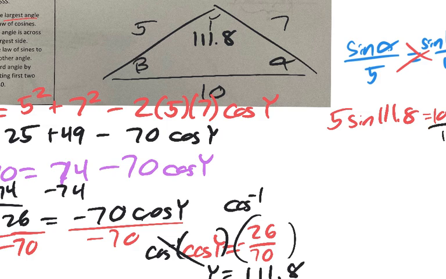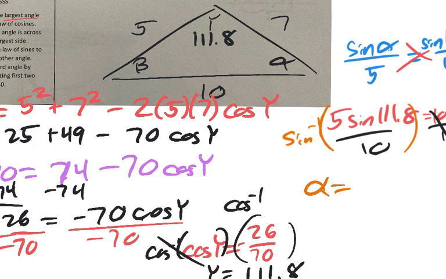Divide by 10. Take an inverse sine. So I get alpha equals the inverse sine of 5 sine 111.8 over 10, which is 27.7.